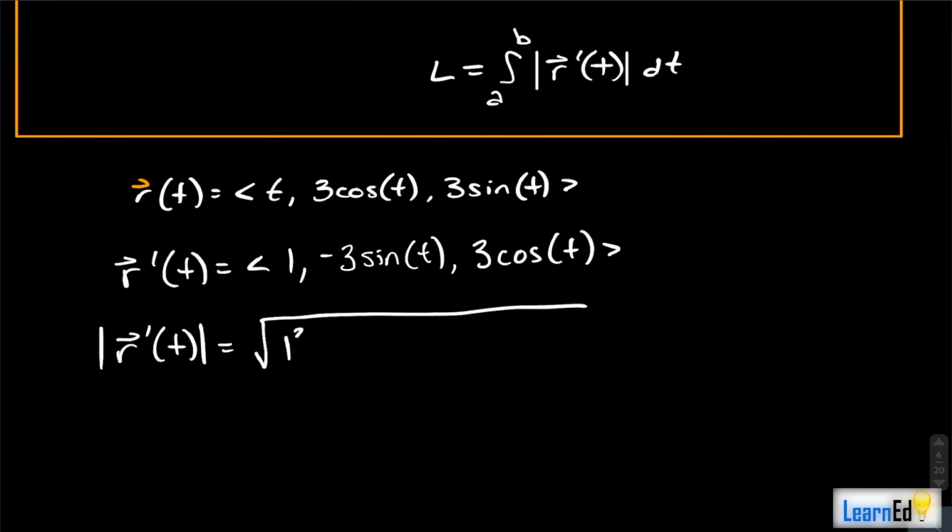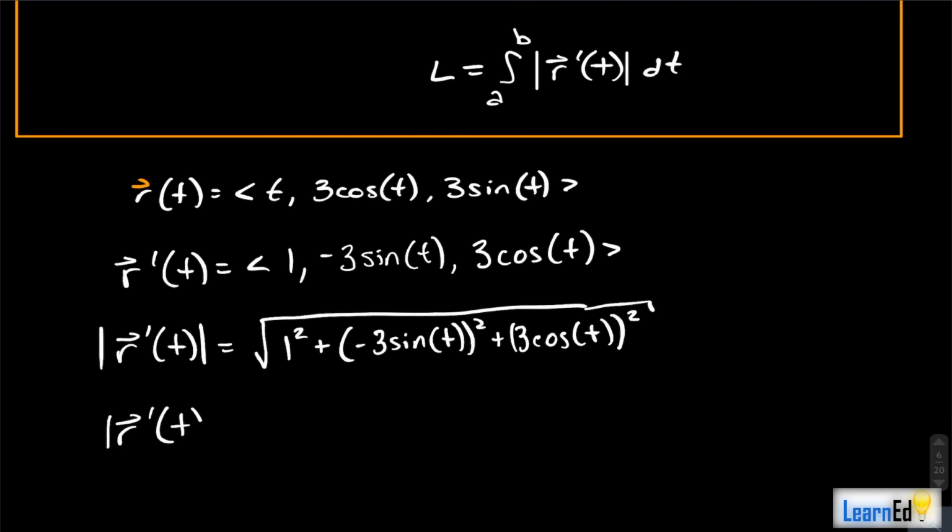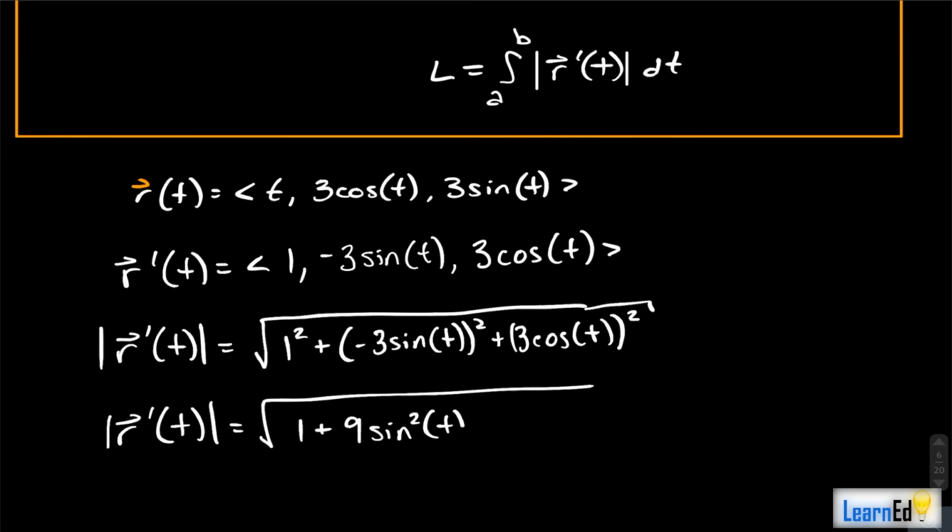We have 1 squared plus negative 3 sine t, squared, plus 3 cosine t, and this whole thing is also squared. So the magnitude of r prime of t equals the square root of 1 plus 9 sine squared t plus 9 cosine squared t.